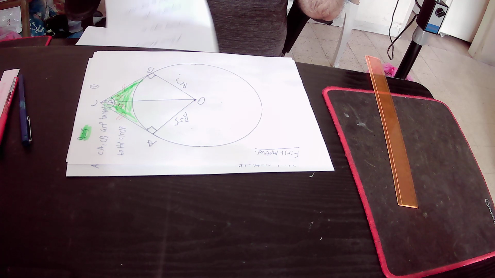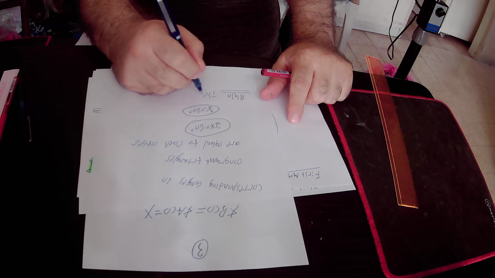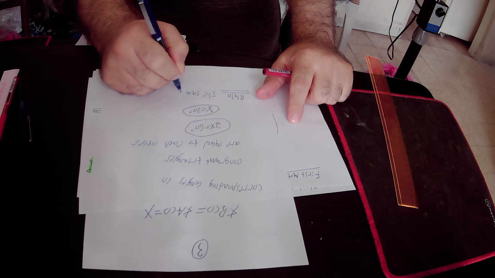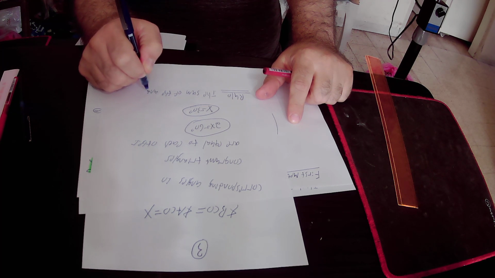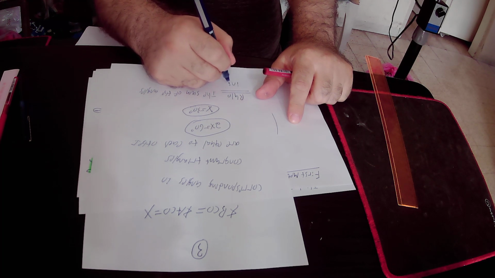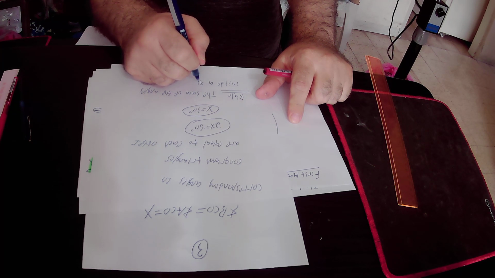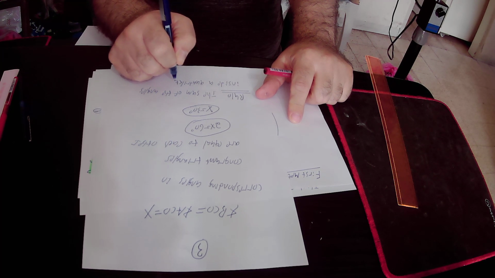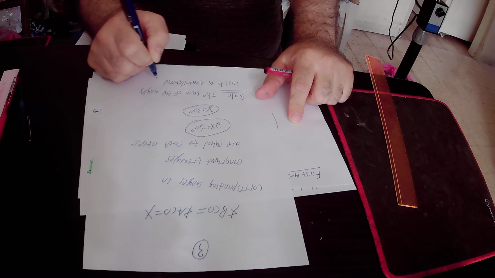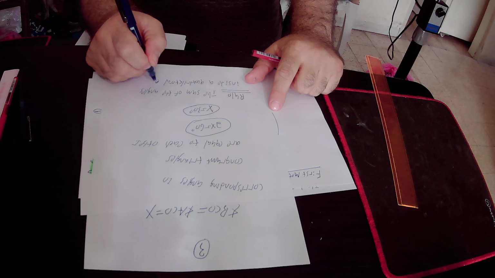So I will write down the rule. The rule states that the sum of the angles inside a quadrilateral equals 360 degrees.